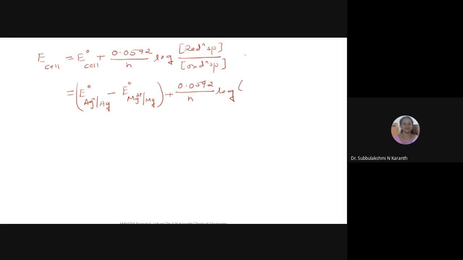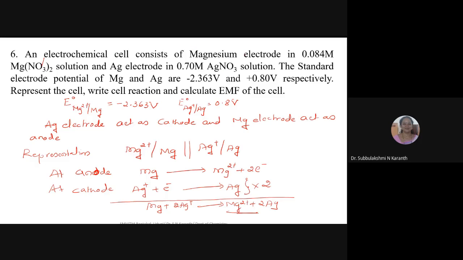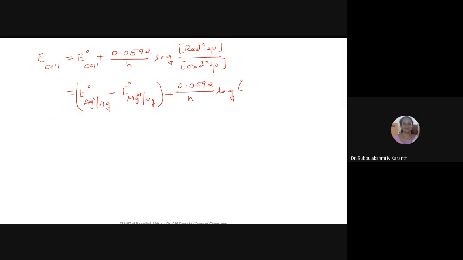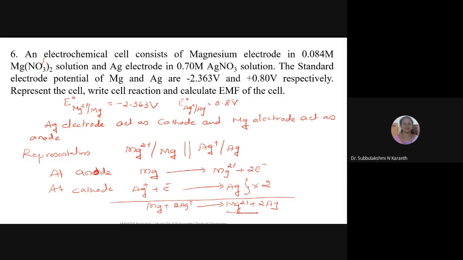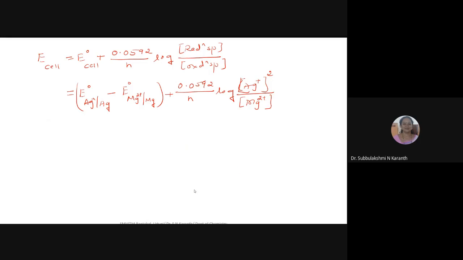Which one is the reduction species here? That is silver. I'll take the concentration of Ag plus to the power 2. Why do I represent it to the power 2? If you observe, the reaction involves two electrons, so you have to mention Ag plus to the power 2. Clear? That's why I take Ag plus to the power 2.